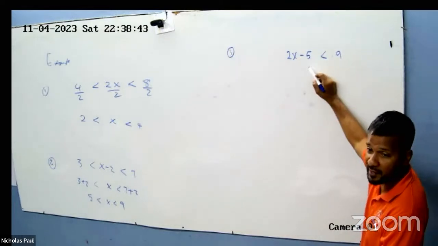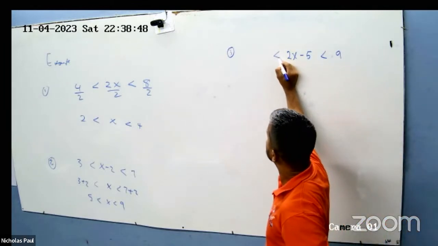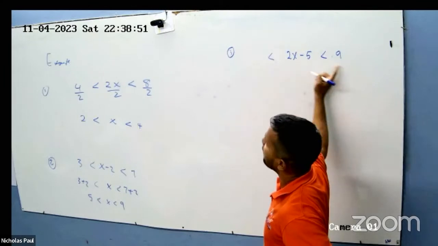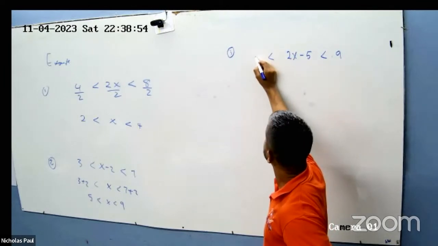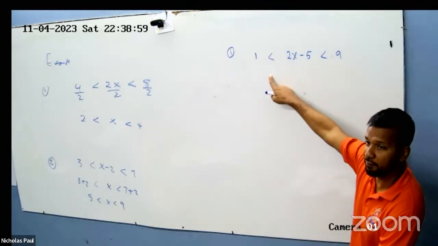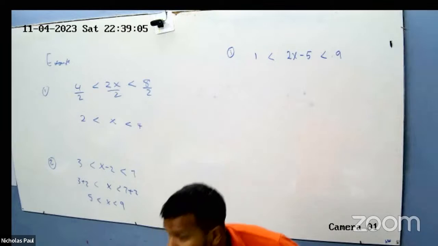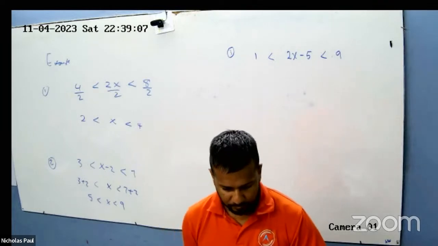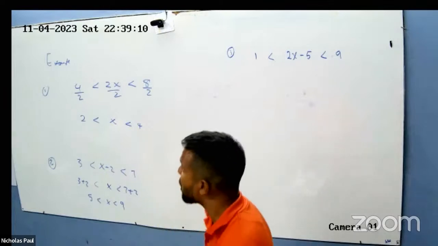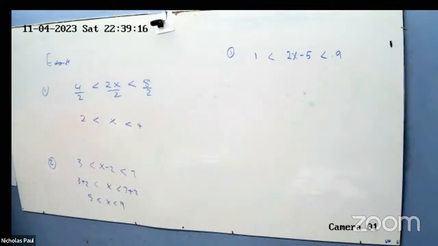Carry across the 7 and then divide by 2. So whatever you do on the right, you can do on the left. Try that for me, please. Whatever you do on the right, do the same thing with the number on the left.